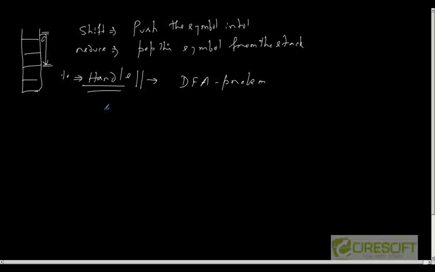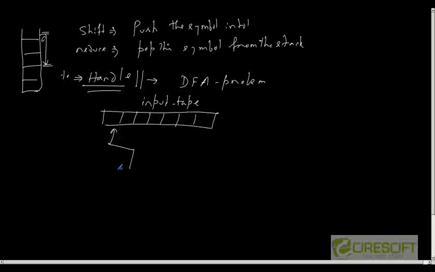So I have an input string, any input string of terminals, represented as an input tape. Then there is a tape head which is governed by this LR parser, or I can say shift reduce parser.